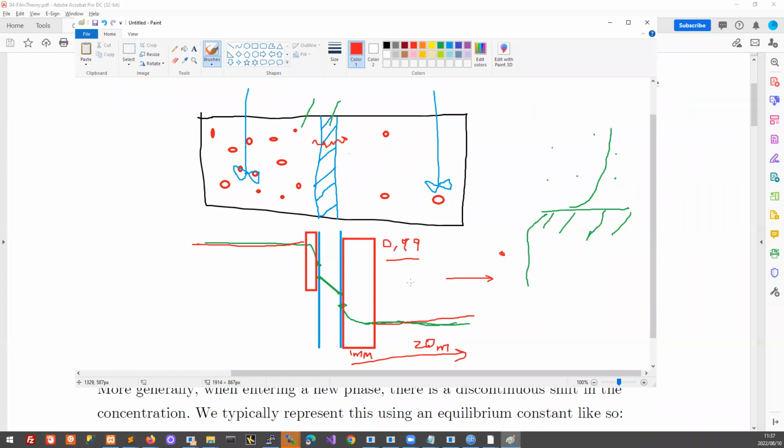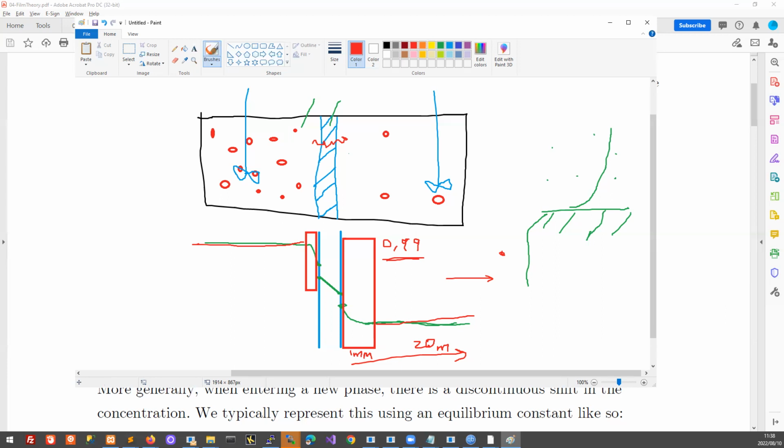We don't want to do the calculations all the way down 20 meters. We want to concentrate on where it's happening. Obviously it changes from case to case, but it's on that order. So we look up where it is 99% of the bulk value, and that defines the film thickness. The same on both sides. Any questions on that?